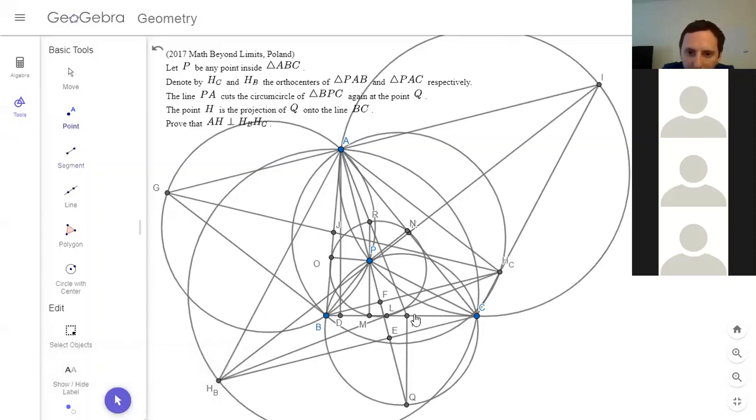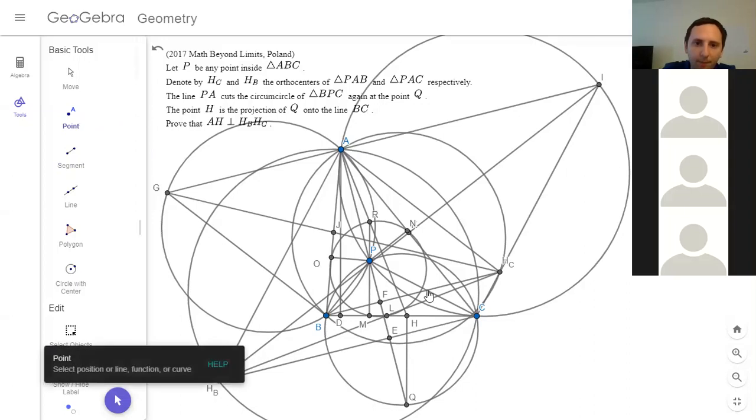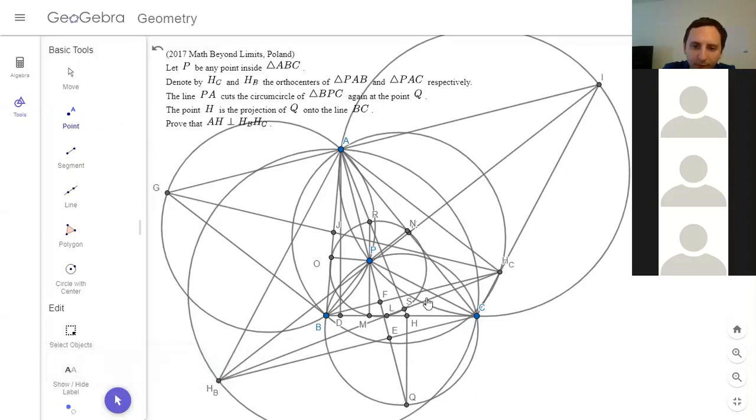Yeah, so there's a lot going on here. We only have 3 minutes left, so I don't think we're going to be able to finish it. But yeah, I think it's very related to that previous problem.